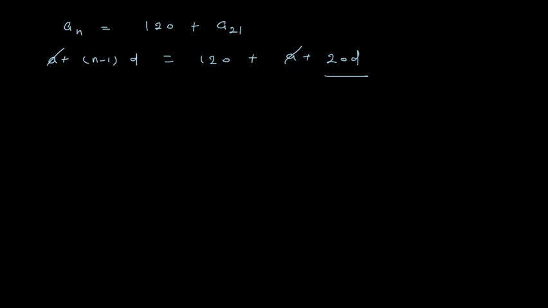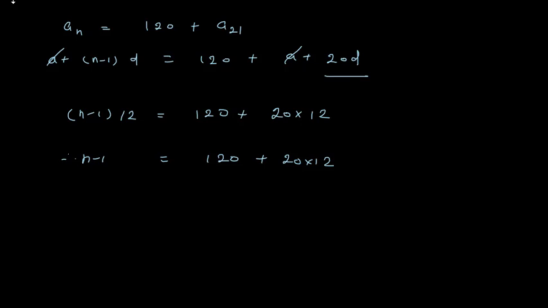So here it is (n minus 1) into 12 is equal to 120 plus 20 into 12. So therefore n minus 1 is (120 plus 20 into 12) whole divided by 12. So it is 120 divided by 12 plus 20 into 12 divided by 12.